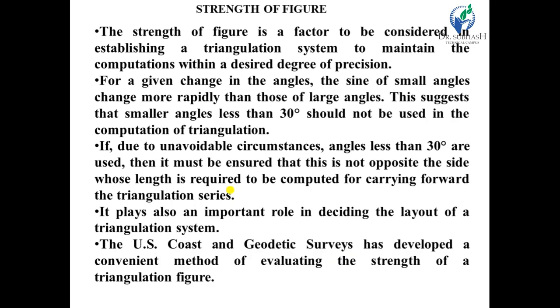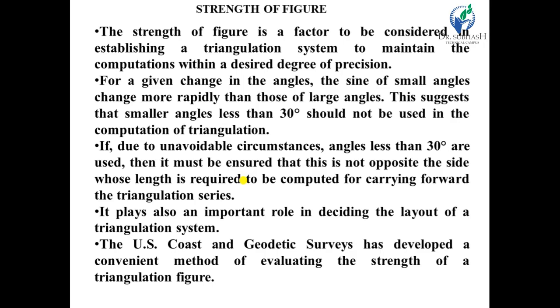This suggests that smaller angles less than 30 degrees should not be used in the computation of triangulation. If due to unavoidable circumstances angles less than 30 degrees are used, then it must be ensured that they are not opposite the side whose length is required to be computed for carrying forward the triangulation series. It also plays an important role in deciding the layout of the triangulation system.